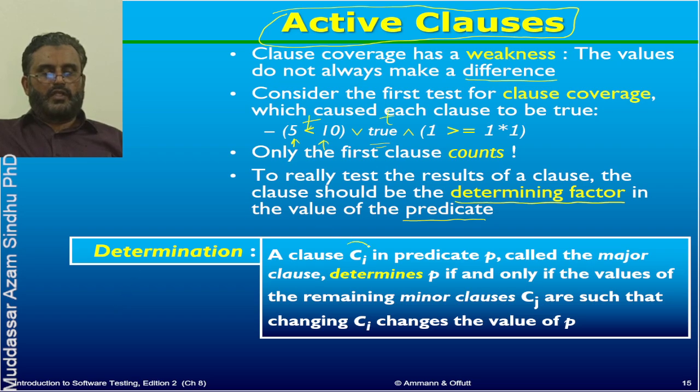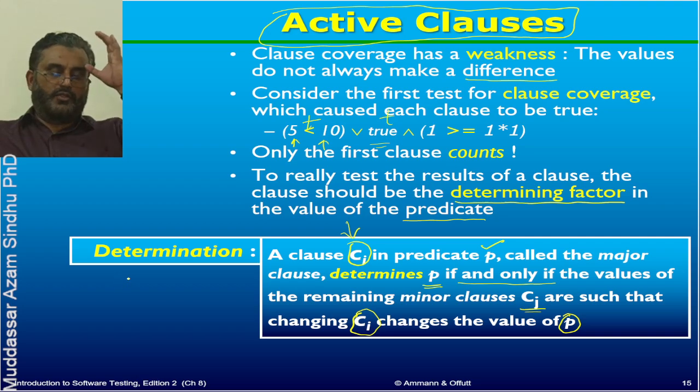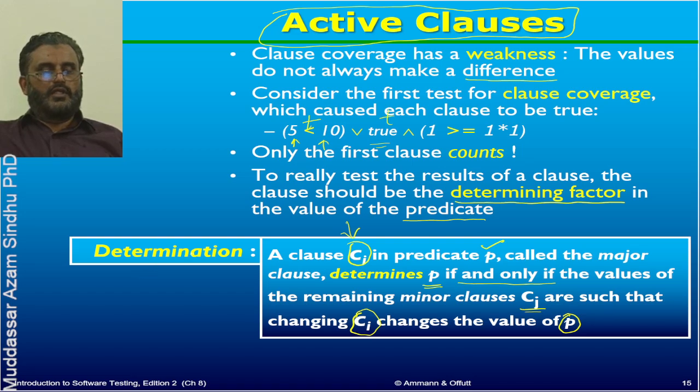A clause Ci in some predicate P, which we will also call the major clause, determines this predicate P if and only if the values of the remaining minor clauses, which we denote as Cj, are such that changing the value of the major clause Ci also changes the value of P. If that happens, then we say that Ci is the determining clause, the major clause, or the active clause. These are all names we can use for this particular clause Ci.